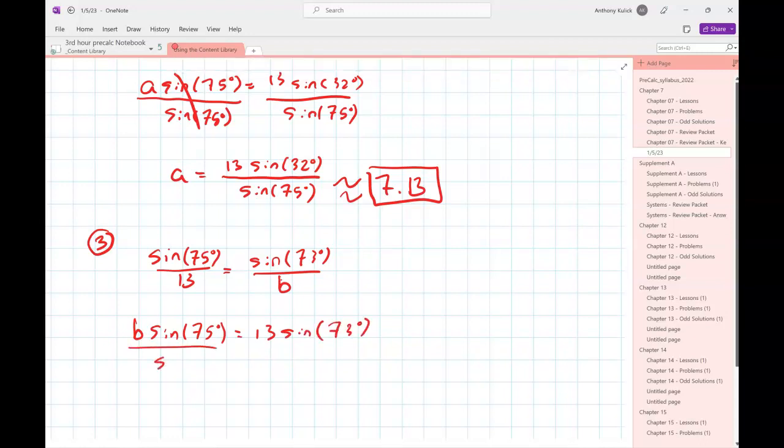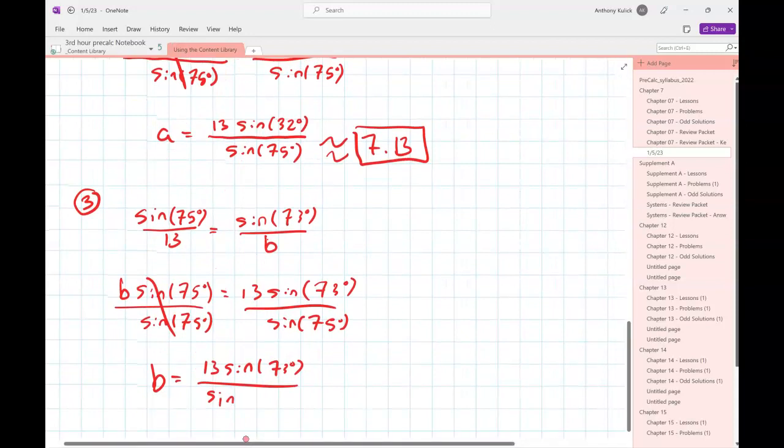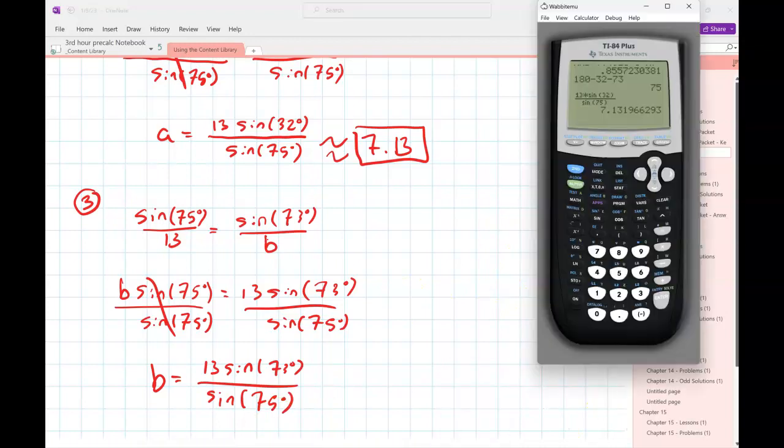And then divide by sine 75 to get the b by itself. And then it's calculator time. So 1287.